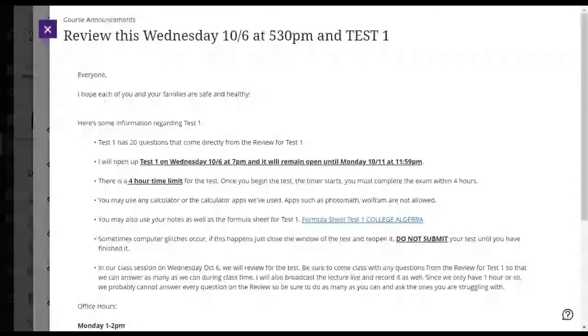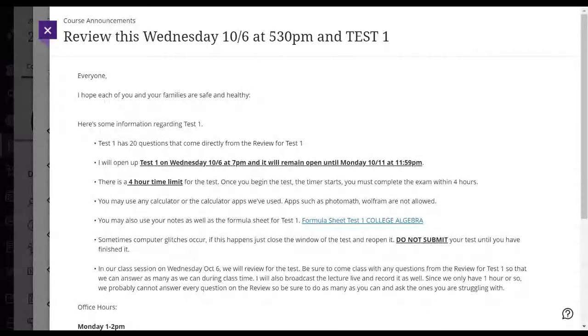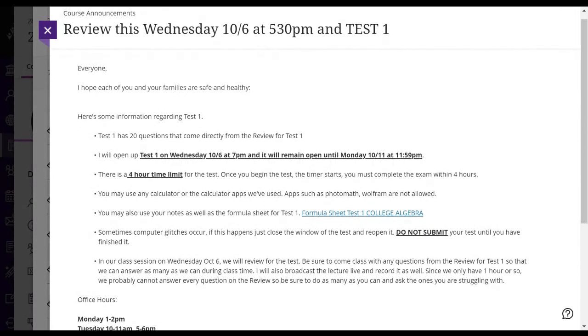I sent you guys an announcement yesterday on Blackboard. Here we go. You can see it now. I want you to look at this part right here. I'm trying to highlight it, but it won't let me write on my screen. But right here it says test 1 has 20 questions that come directly from the review. So let me stop sharing this and come back to my question.